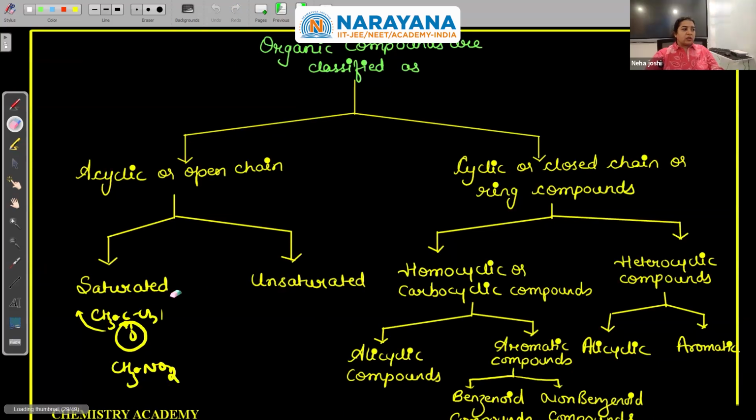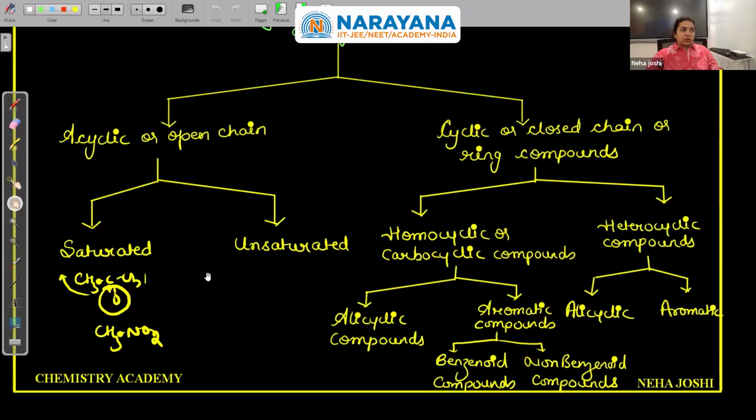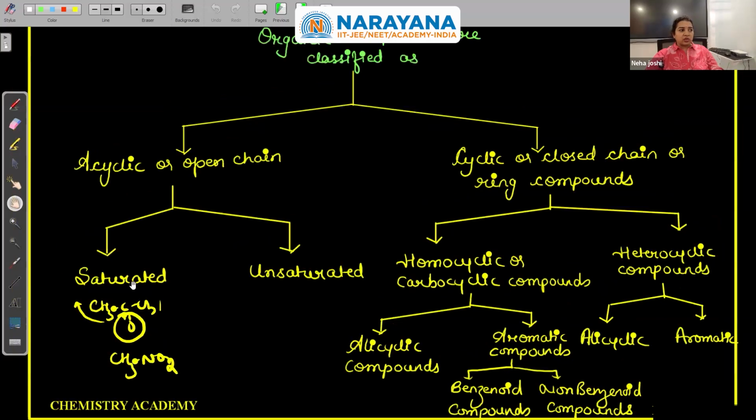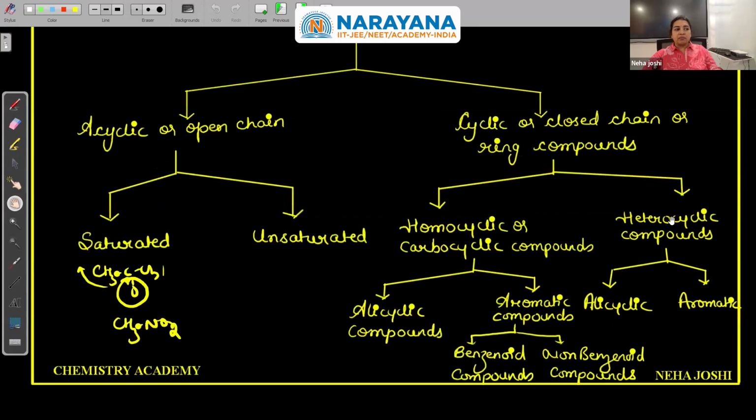So saturated and unsaturated we were doing. We have already defined what is chemically saturated and unsaturated. Here I am not saying degree of unsaturation. Then here comes the cyclic or closed chain or ring compounds. They are homocyclic or carbocyclic and heterocyclic compounds.